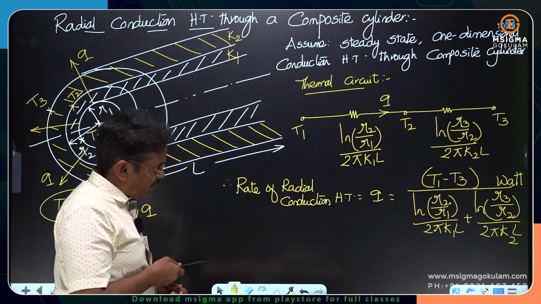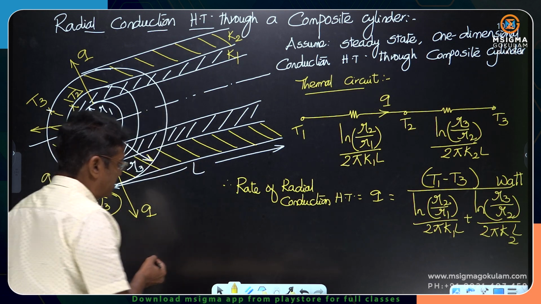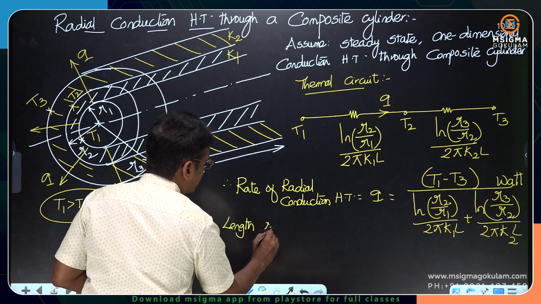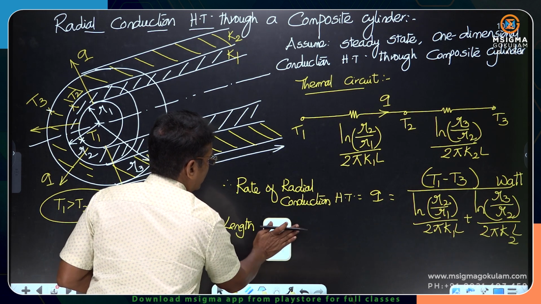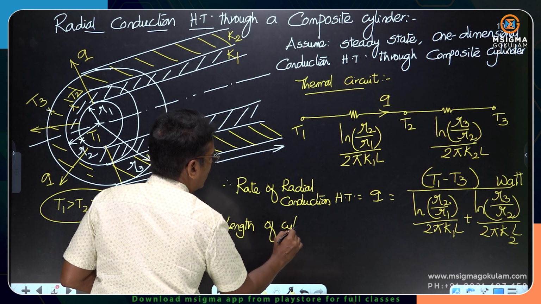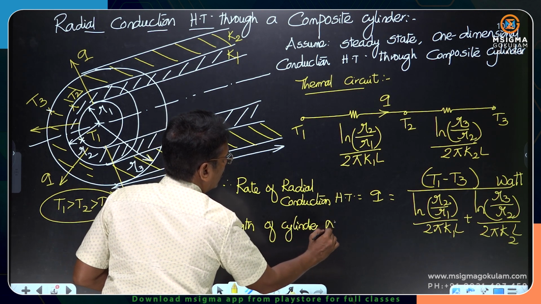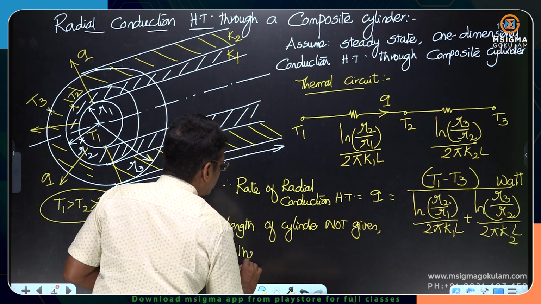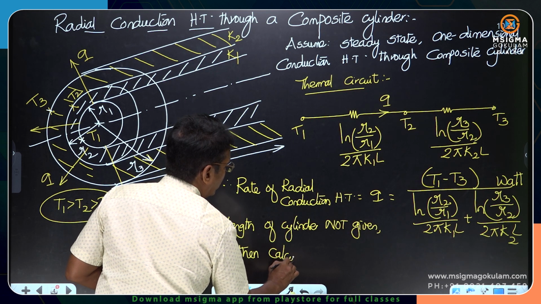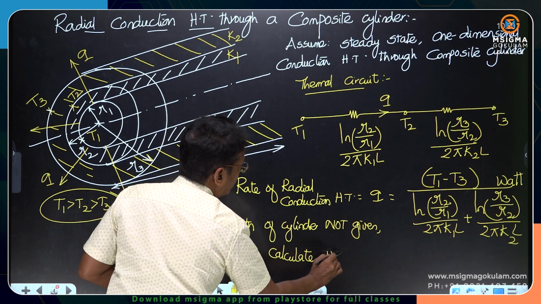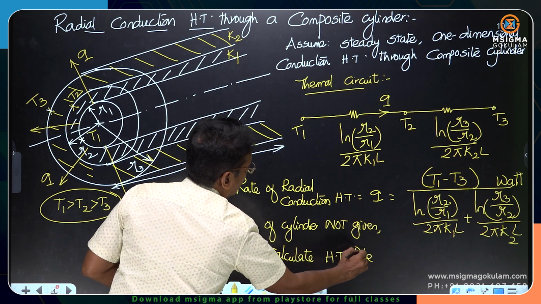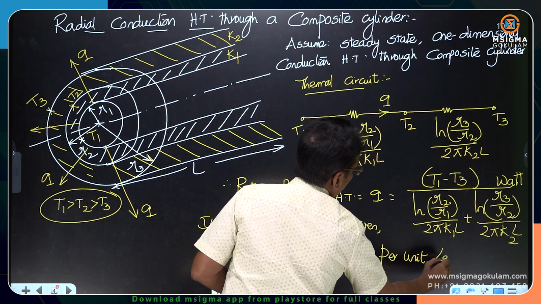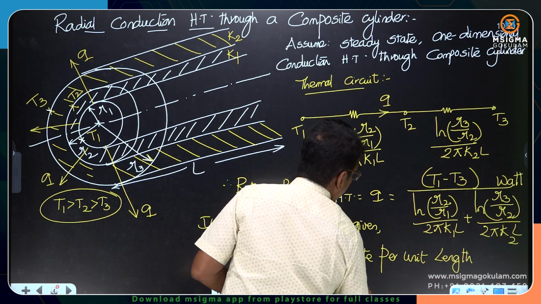Moreover, in the case of cylinders, if the length of the cylinder is not given in the problem, then calculate the heat transfer rate per unit length. In GATE problems also, heat transfer rate per unit length, that is, L equal to 1 meter.